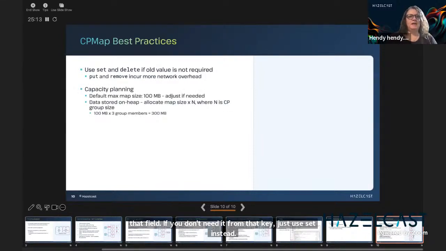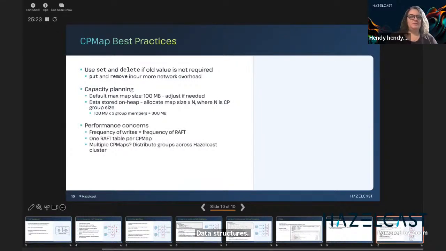Some capacity planning rules, making sure that you have enough memory for your CP data structures. I will leave that for your additional reading. And then again, from a performance standpoint, when you are dealing with concurrency primitives, it's one field.